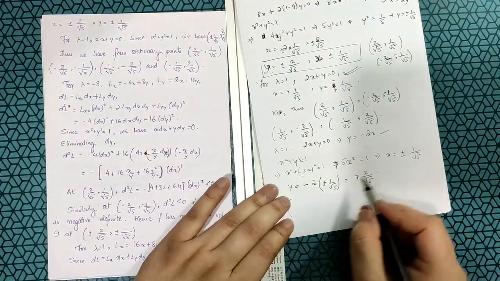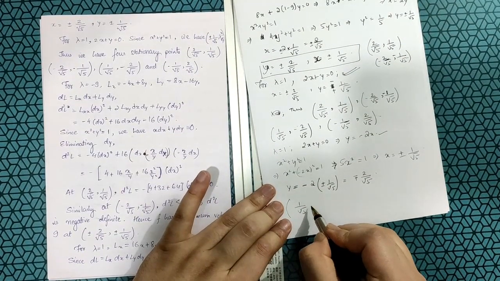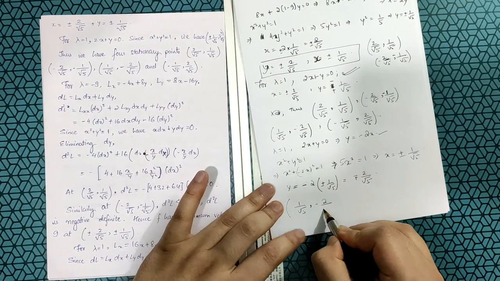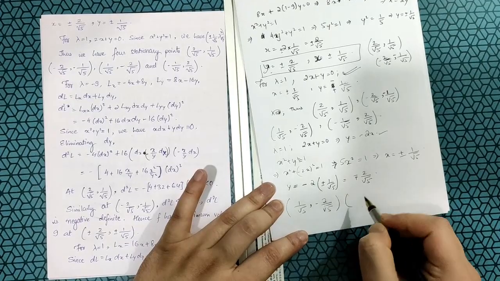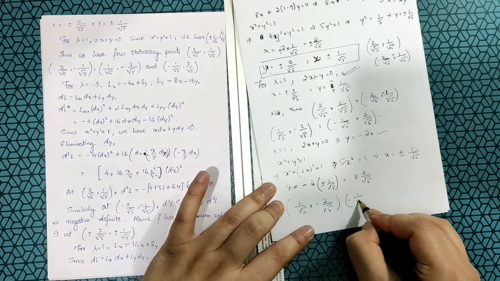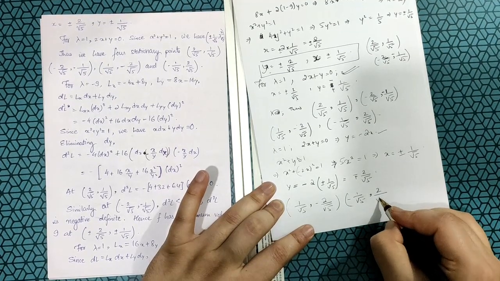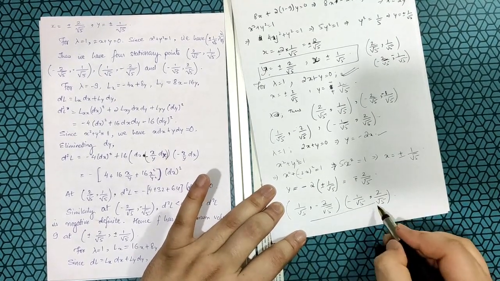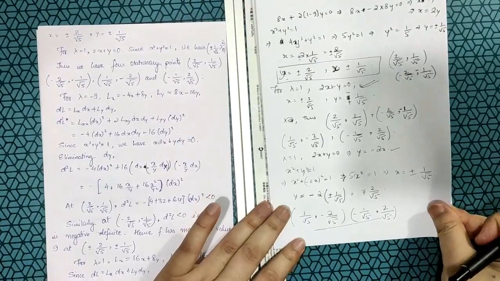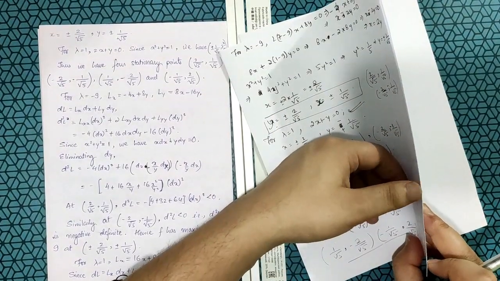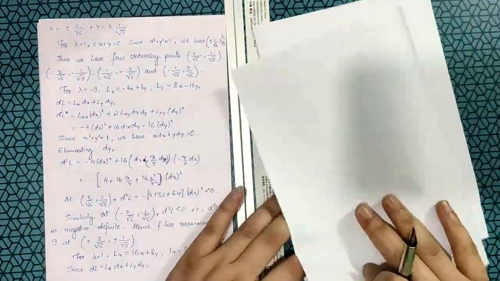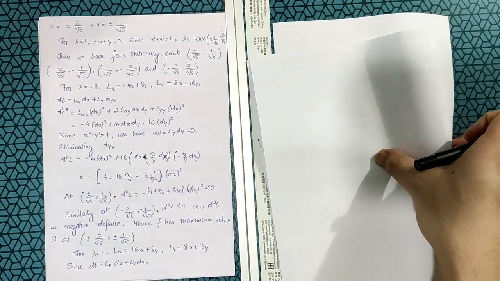So what we get is x is 1 by root over 5 and y is negative 2 by root over 5, and again minus 1 by root over 5 and again 2 by root over 5. So these are the stationary points that we get for lambda is equals to 9, lambda is equals to minus 9 and lambda is equals to 1.